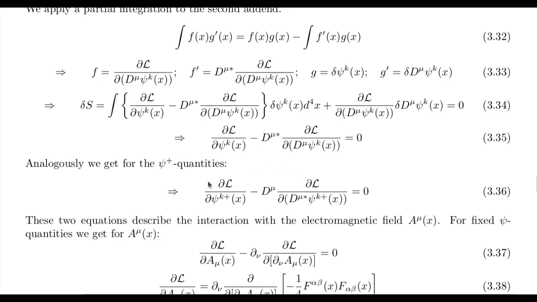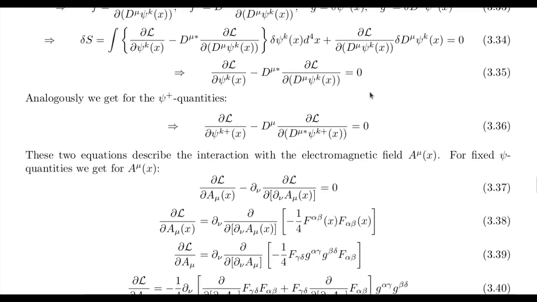Or for the adjoint quantities we have this. That's the same, but the difference is we have now here a covariant derivative.